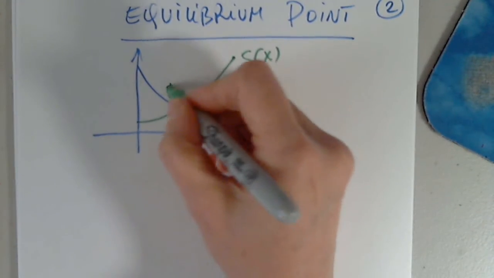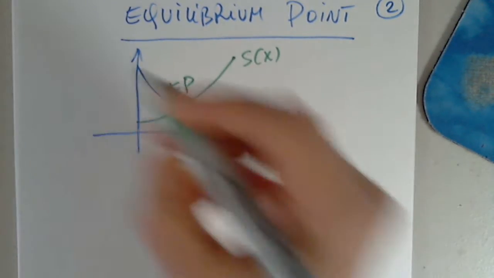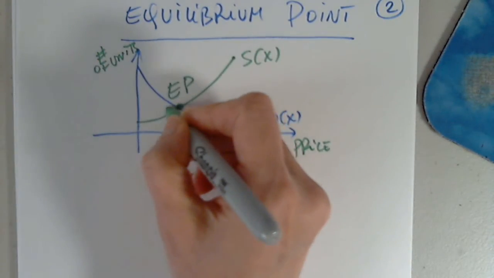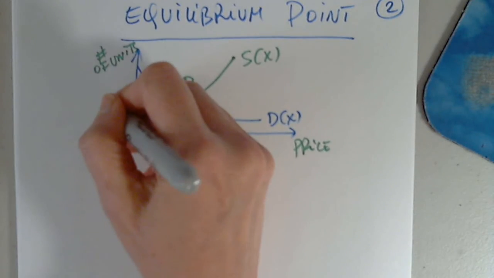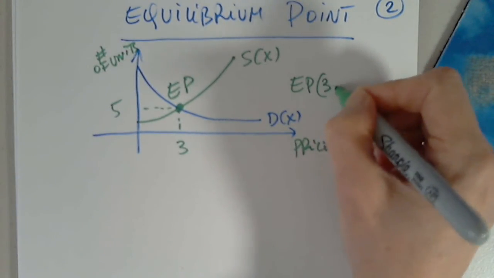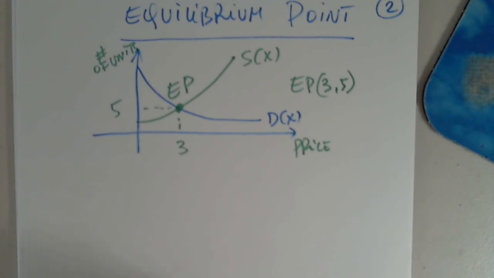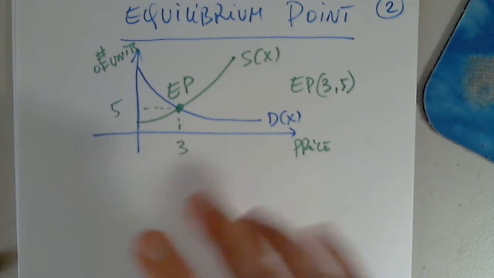So this is the equilibrium point. So at this price and number of units, I'm going to just pick numbers again, let's say 3 and 5. So the equilibrium point has coordinates 3, the price in dollars, and 5 units. It could be 5,000, it could be anything, 5,000 units. So at this point, everyone is happy.